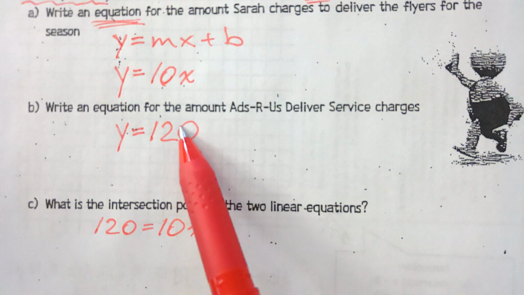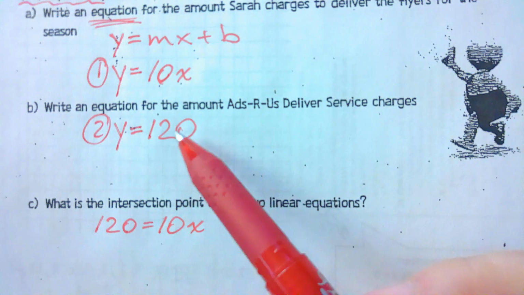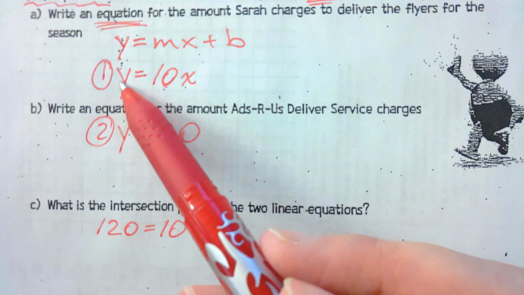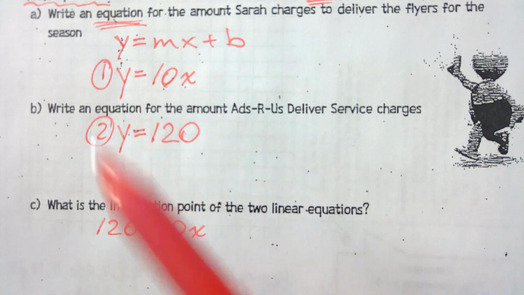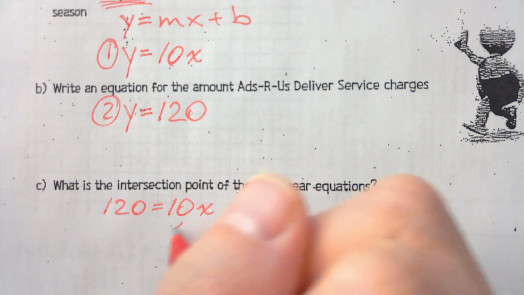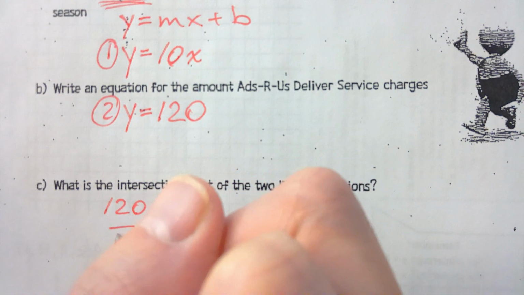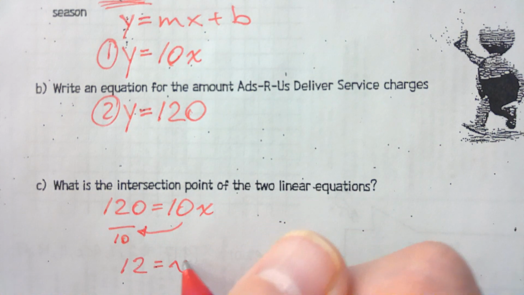Do you see how I just put this into this equation right here? So this is my first equation. This is my second equation. And I'm replacing this y with the 120 because that's what you told me y is. So how do I solve for x now? You should know this because we just had a test on this. Adam? 120 by 10. Right, yeah, divide. So simply just divide it by 10. So I get 12 is x.